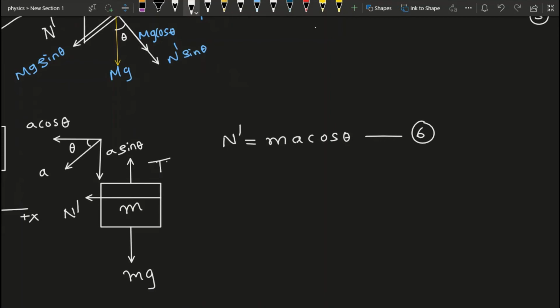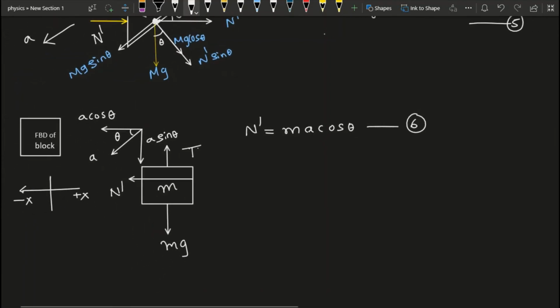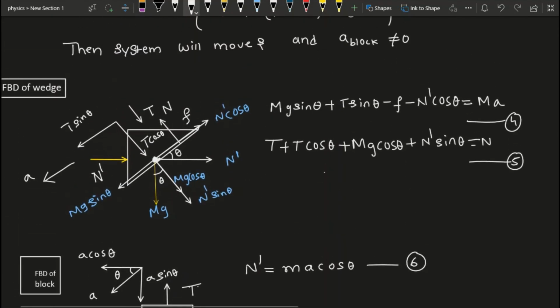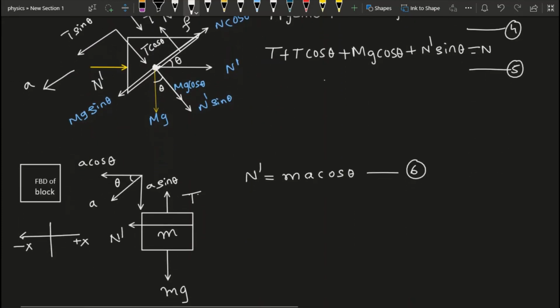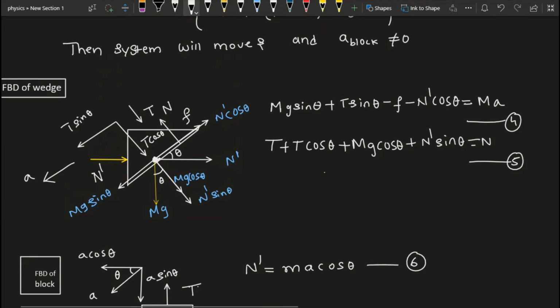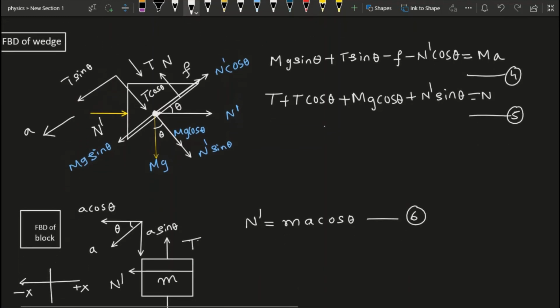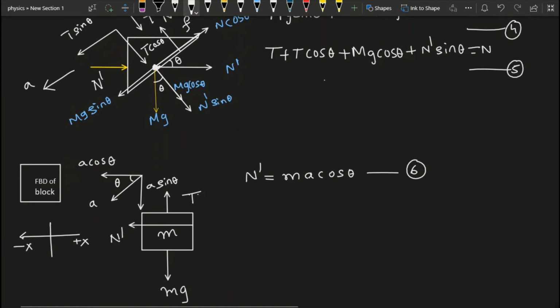We got all the equations that are very important in our discussion, and now we have to simplify these equations. Not only writing, we have to simplify them in a proper manner. If you are not simplifying these equations in a proper manner, again you have to face the difficulty in calculating the acceleration of the block small m.